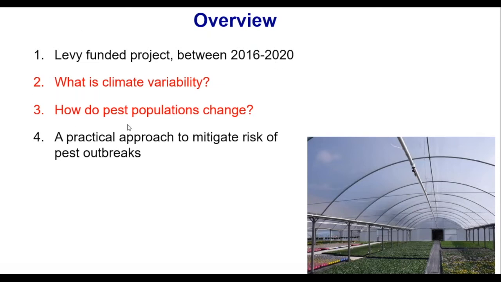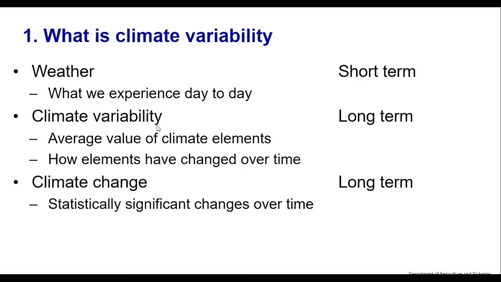We're going to cover these two sections together in this next bit. So first of all, there are some jargon words out there, and we're just going to clarify. So the weather, that's what we experience every day. It's pretty straightforward. It's short term. Whereas climate variability, we all know the climate this year is different from last year, this season different from last season.